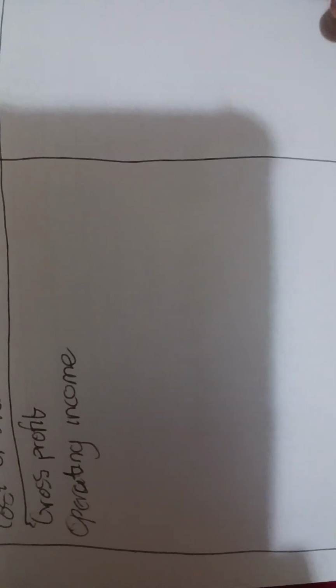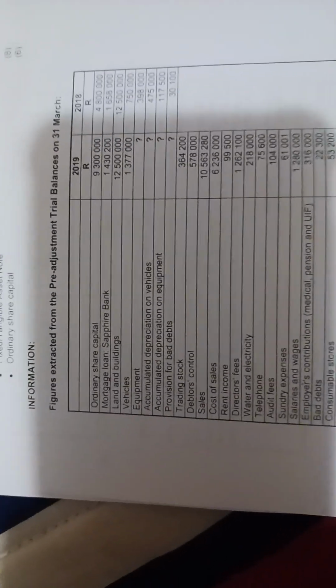Now, how would you record that? Remember, a credit invoice is a sale. You're selling goods on account, on credit, to your customers, to your debtors. So obviously your sales increase. Now we go back to the pre-adjustment trial balance and look for the sales amount of the previous year.